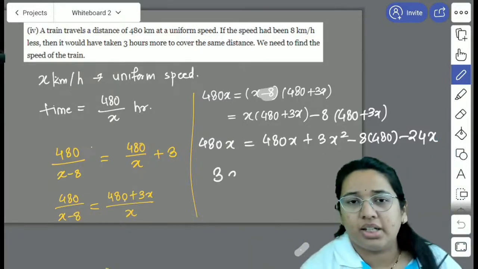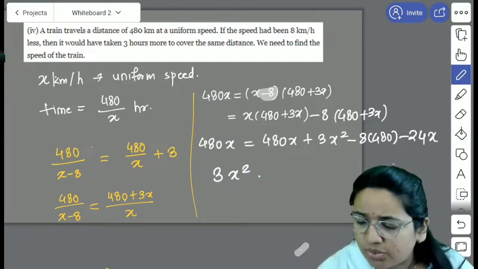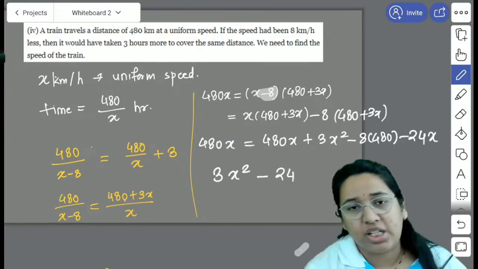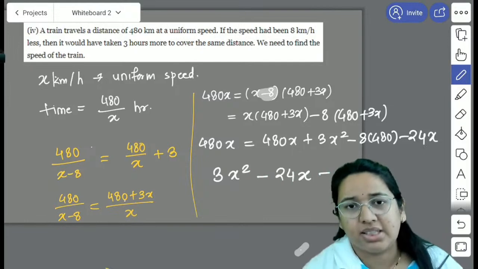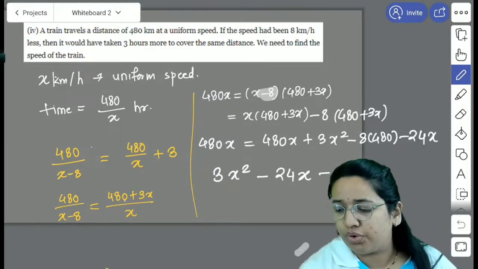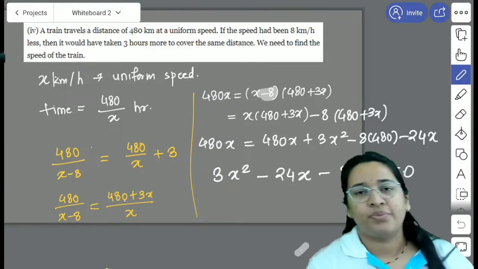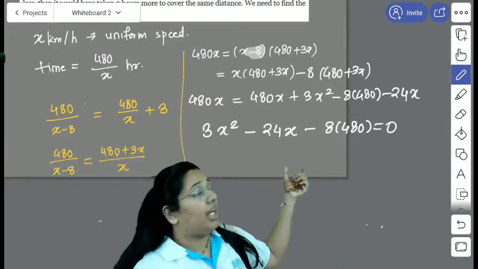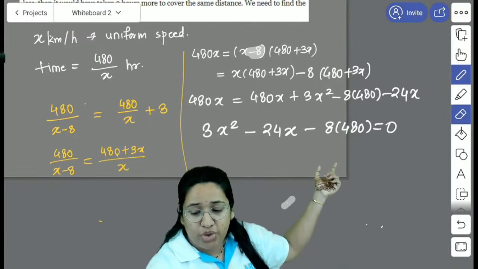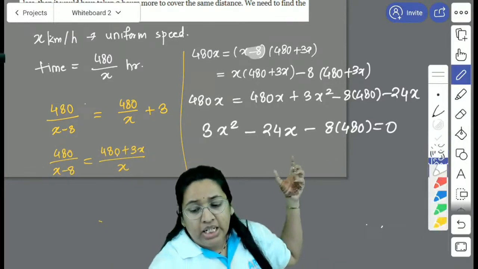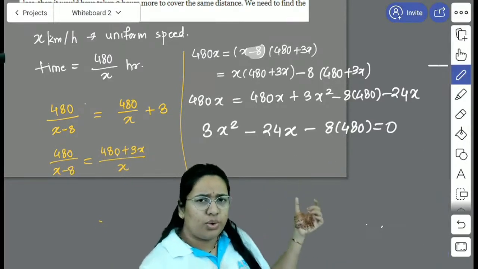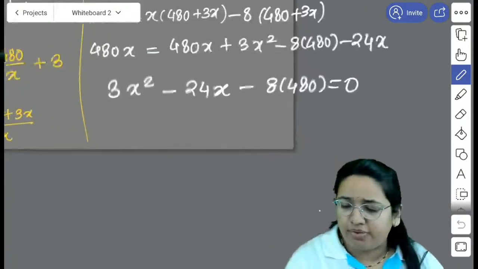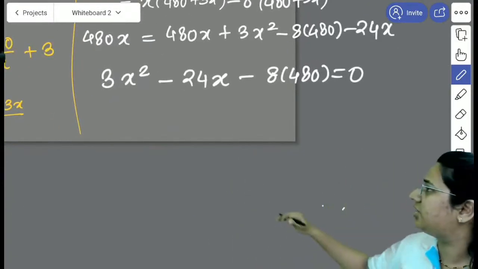So you will get the quadratic equation as 3x square minus 24x minus 8 into 480 equals to 0. Another part is that obviously I have not simplified its answer. Let it be as it is because I know that it will get simplified in the next step.